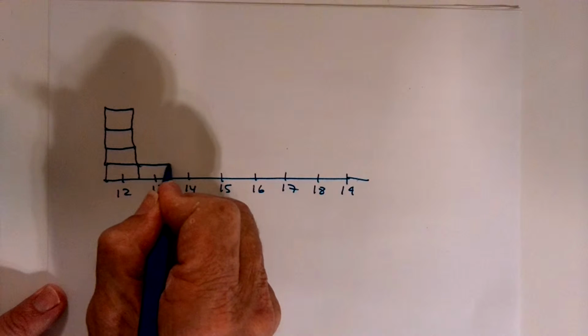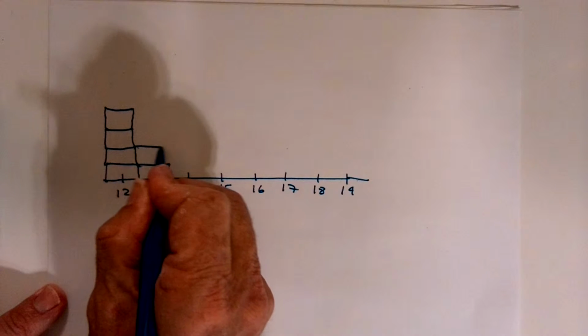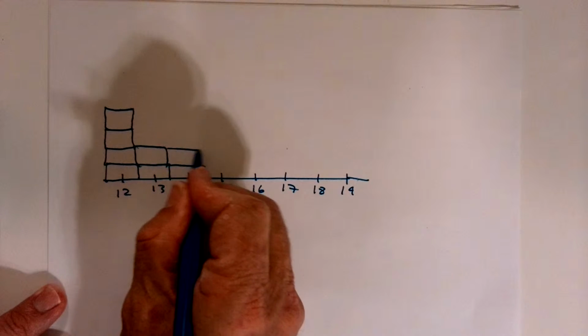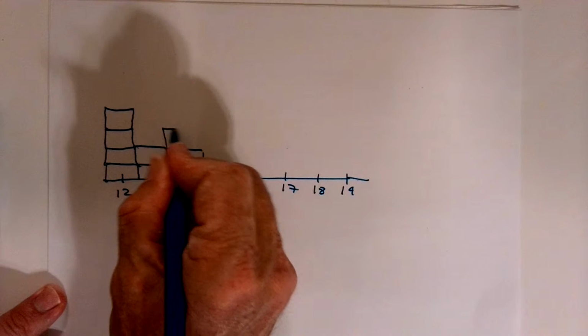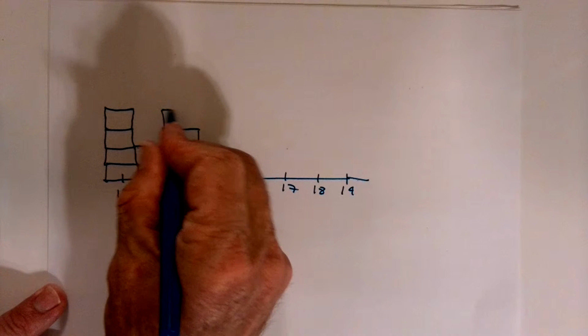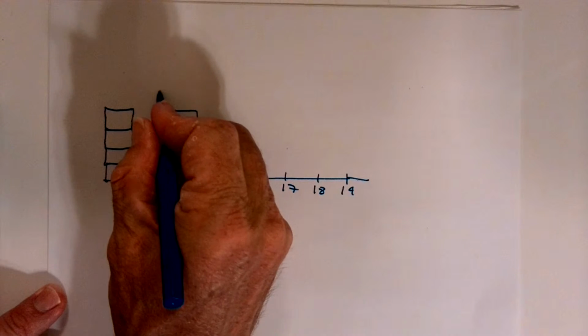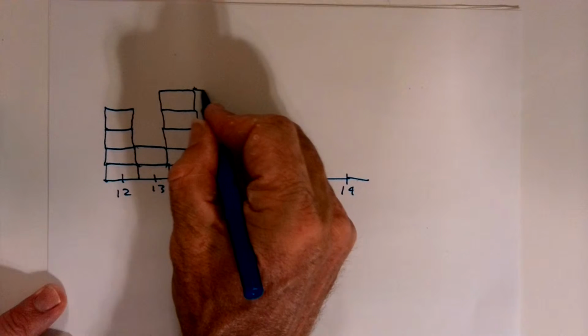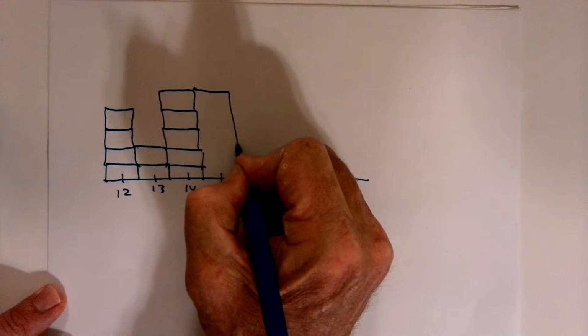13 had 2. 1, 2. 14 had 5. 1, 2, 3, 4, 5. 15 had 11. So here's the 5 that are on 15.